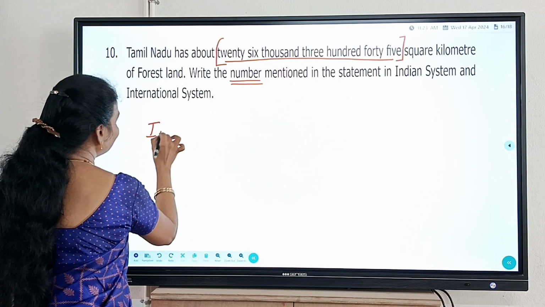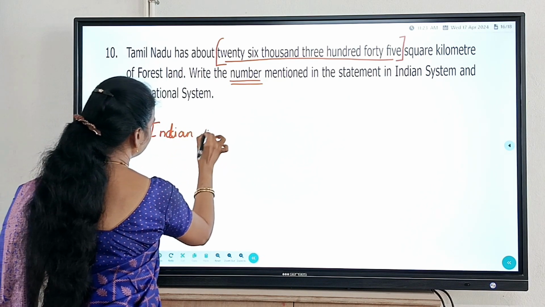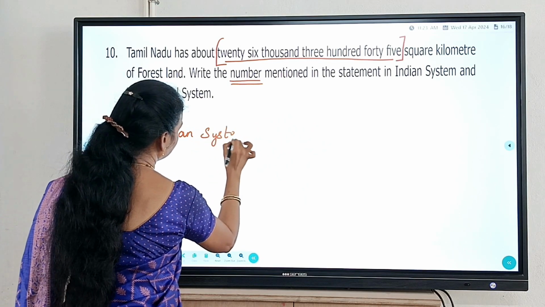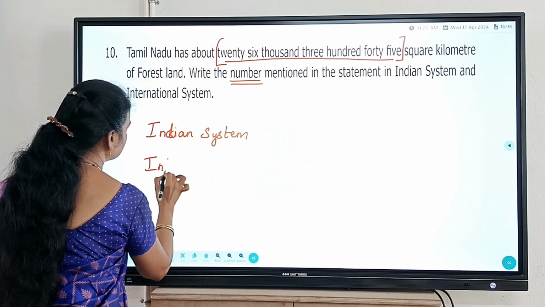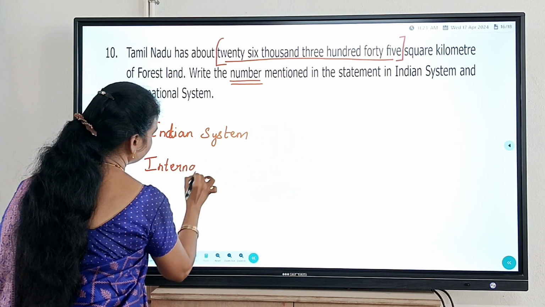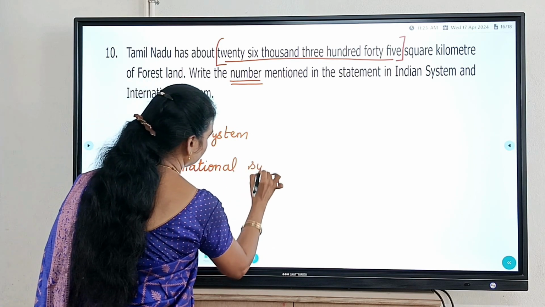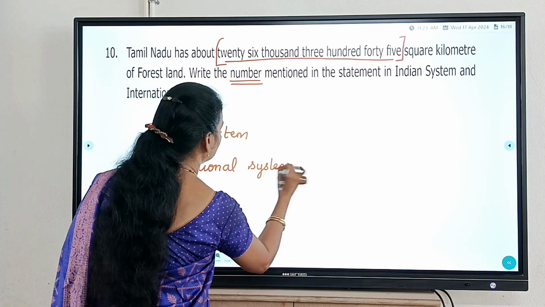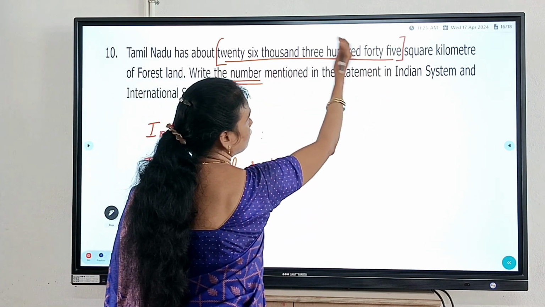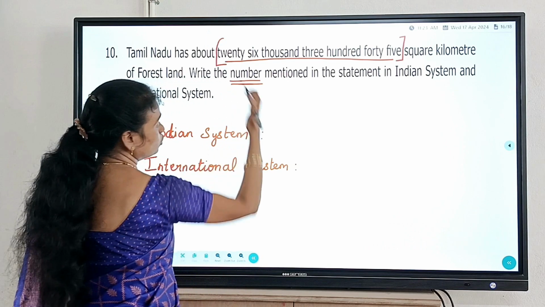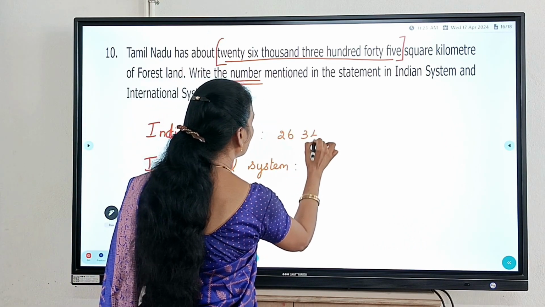So how will you write this in the Indian system? And next one is the international system. So hundreds group and thousands group alone is given here. So 26,345.